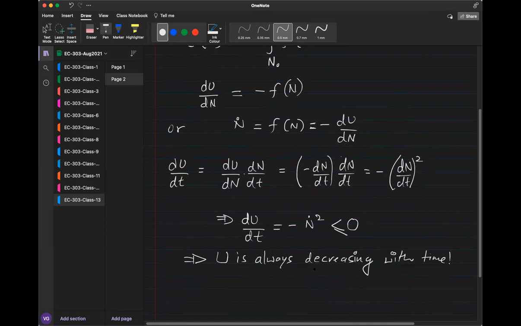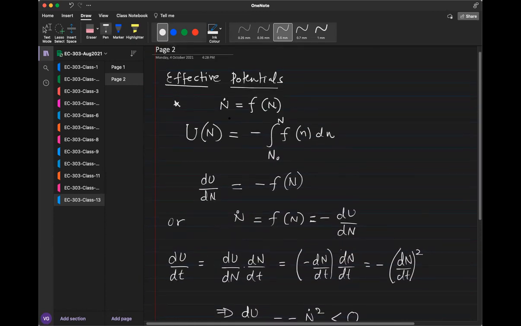Okay, so let me just repeat what we have done. This is the population growth equation. I have just written the same equation in terms of u now. N dot is minus du by dn, and because f is a nice smooth function, it can be written as the derivative of another function. That's the basic idea.